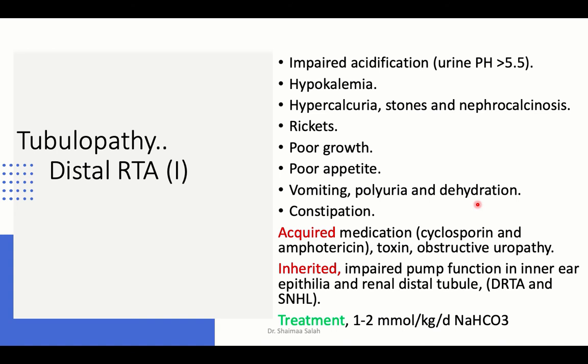Usually an infant who is dehydrated, polyuric, has persistent vomiting and constipation, and you will diagnose the condition when you do your biochemical lab tests and find that he has a blood gas showing metabolic acidosis, and you calculate the anion gap to find it is a normal anion gap metabolic acidosis. Chloride levels will be high, so this is the characteristic metabolic disturbance in RTA, plus exclusion of other causes of the same condition.